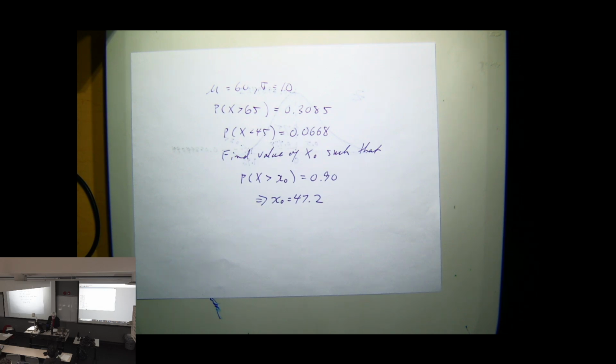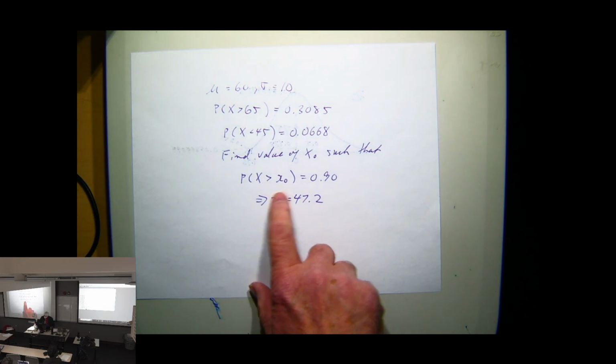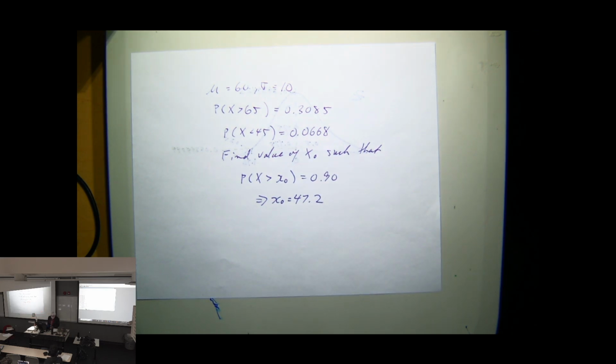And so now I'm going to do the Q norm, and I'm going to work with... now I put a probability in. I want a cumulative probability. So if my area above x naught is 0.90, my area below x naught was 0.10.